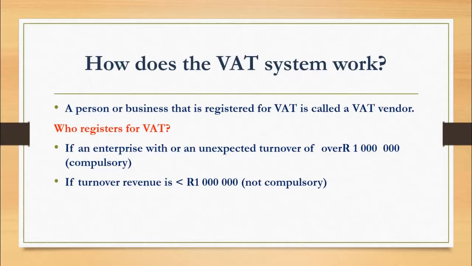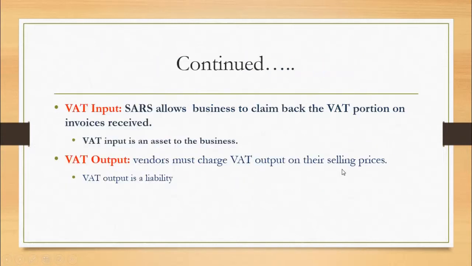So just know that as long as your business is within this category, with plus 1 million turnover revenue per annum, you must register for VAT. But if your revenue is less than 1 million, then it's not compulsory that you register with the taxman, the taxman being SARS.